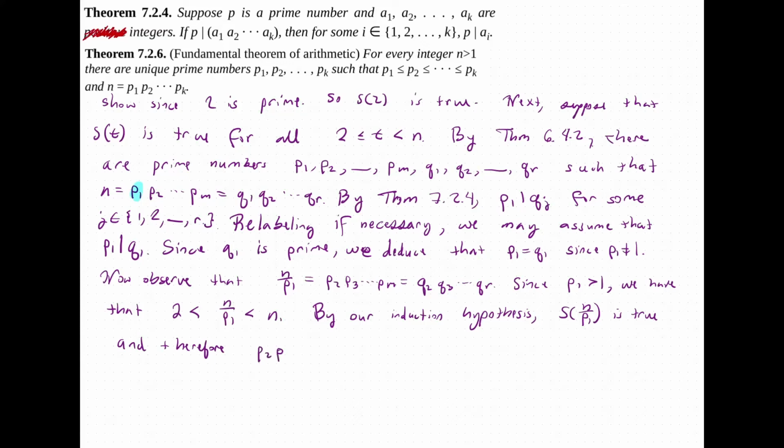And therefore P2, P3 through Pm equals Q2, Q3 through Qr are the same prime factorization of n over P1.